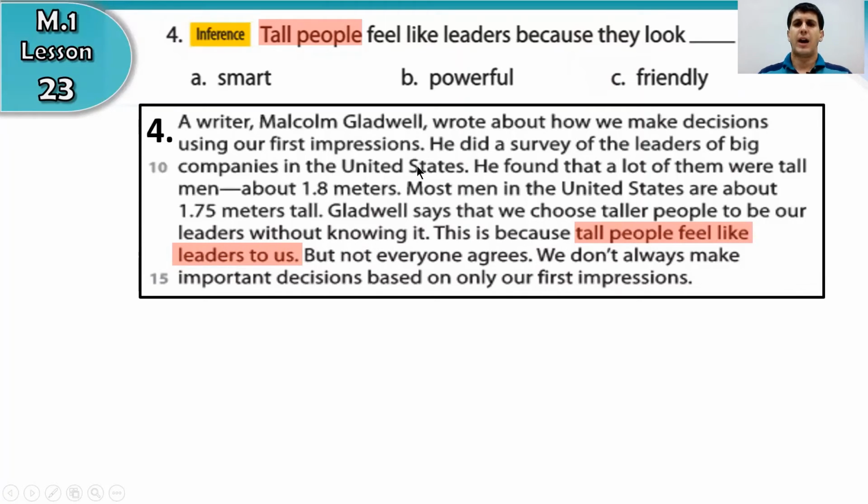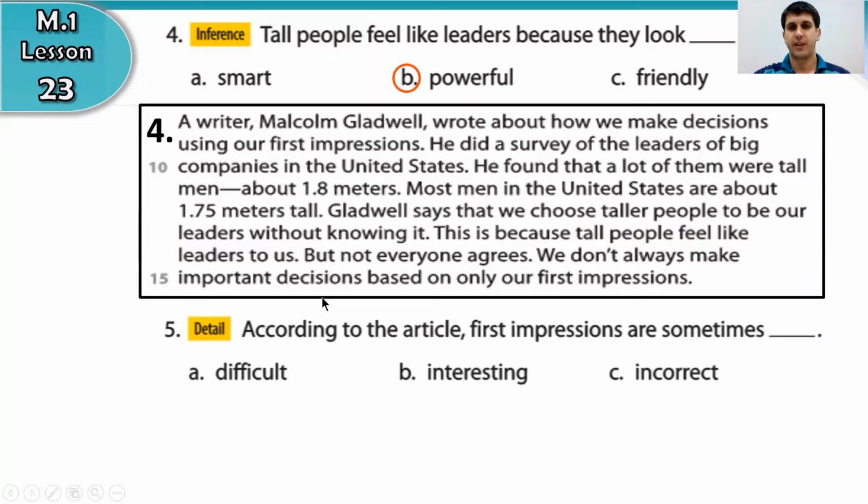So, why do they feel like leaders to us? Do they look smart? Maybe. Friendly? Maybe. If you're tall and you stand next to other people, you stand above them, you look very powerful because you look big and strong. So the answer is B, powerful.